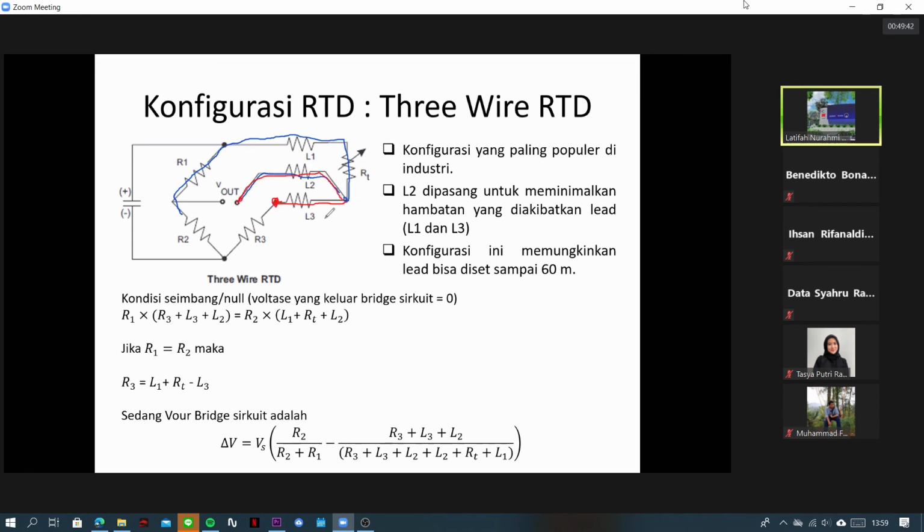Karena yang kita ukur adalah titik ini. Jadi masing-masing antara L1 dengan L2 terhubung pada V out atau L2 ke L3 yang terhubung terhadap output voltage ini.